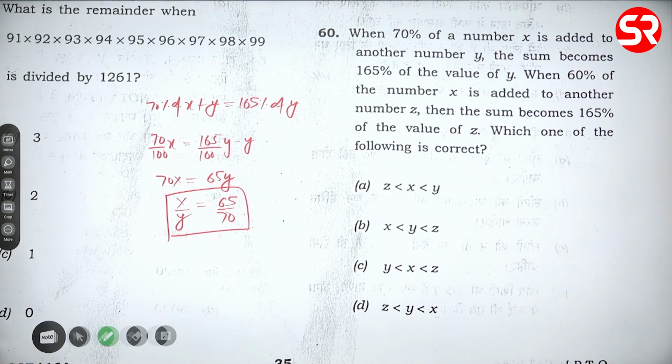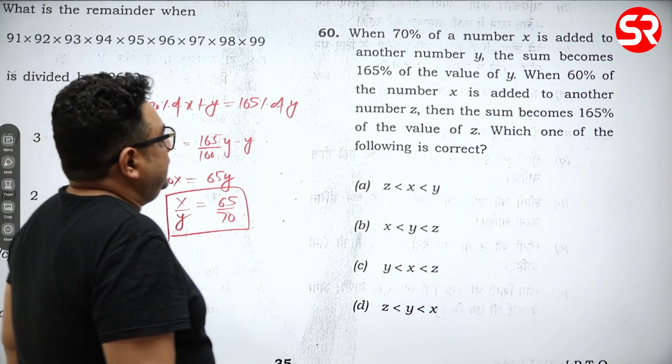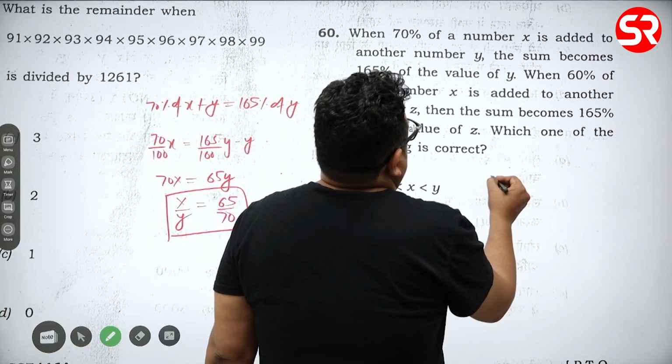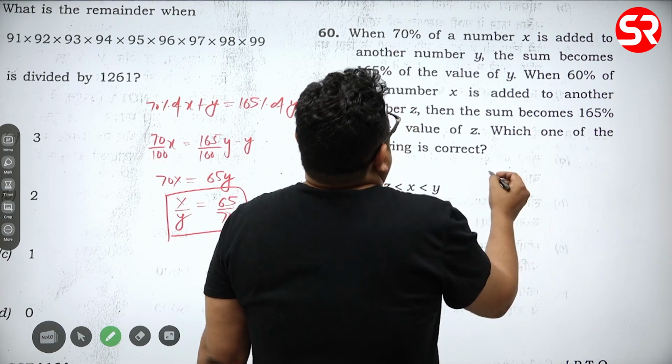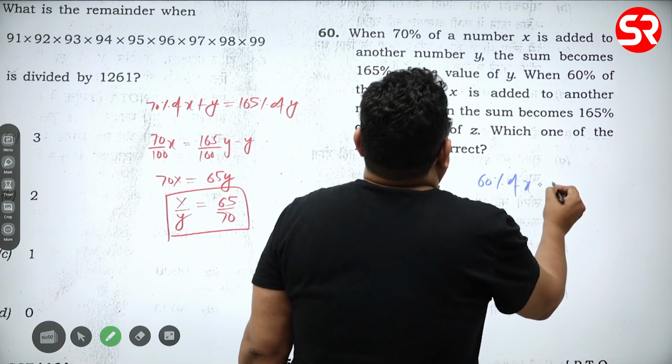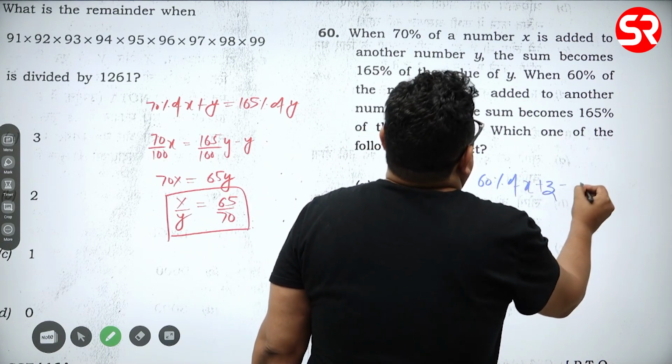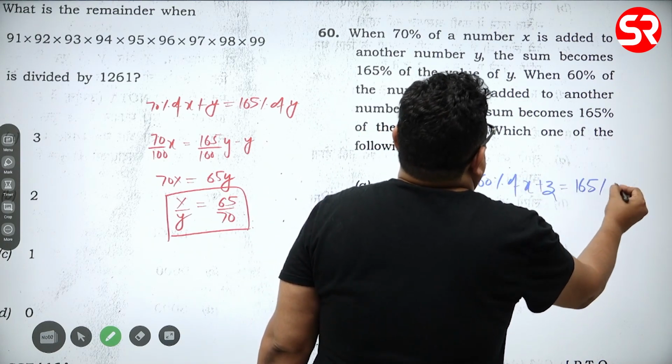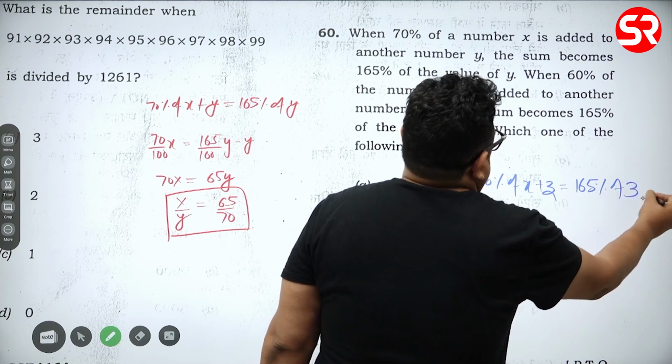Then second, I'll change the color and do it. He says when 60% of x is added to another number z, it becomes 165% of z, right?